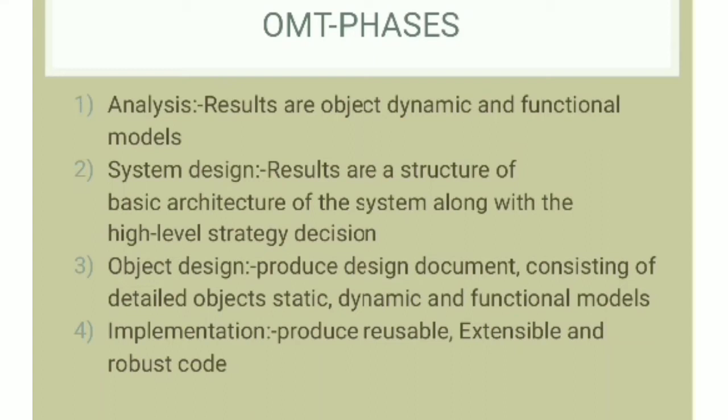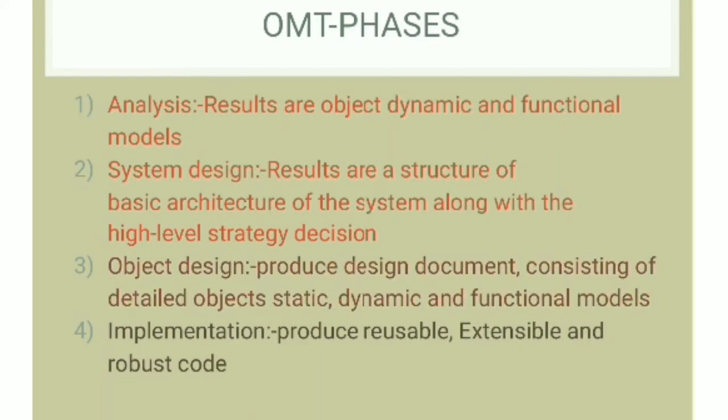The second phase is system design. System design results in the structure of the basic architecture of the system along with high level strategy design decisions. So here the system design is considered and the system architecture is generated.